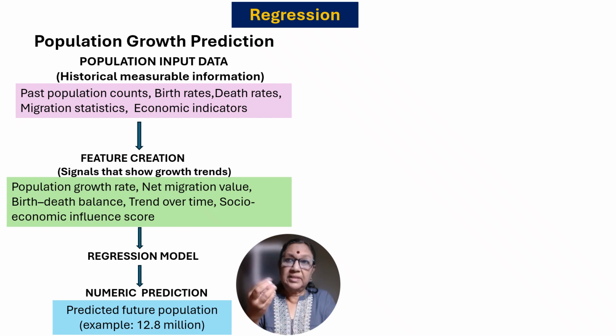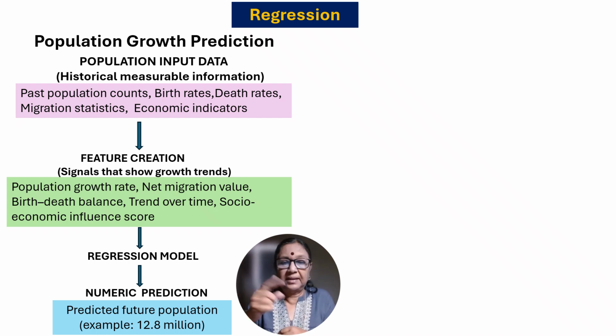Again, you give it historical measurable quantities like past population count, birth rates, death rates, migration statistics, and economic indicators, convert that into population growth rate, net migration, the balance between death and birth, trend over time, and so on. You give this to the regression model, and you get a numerical prediction.